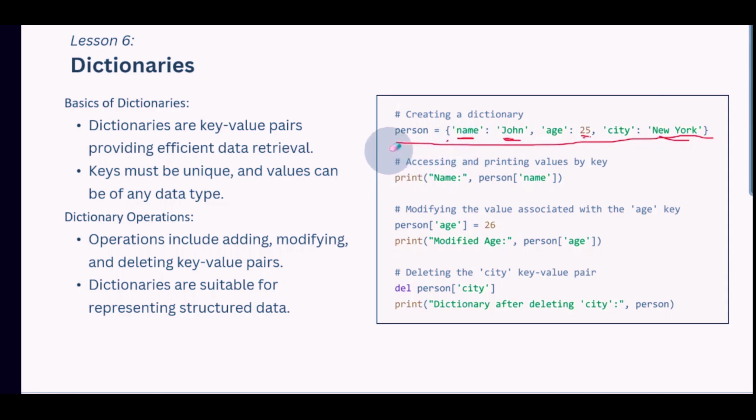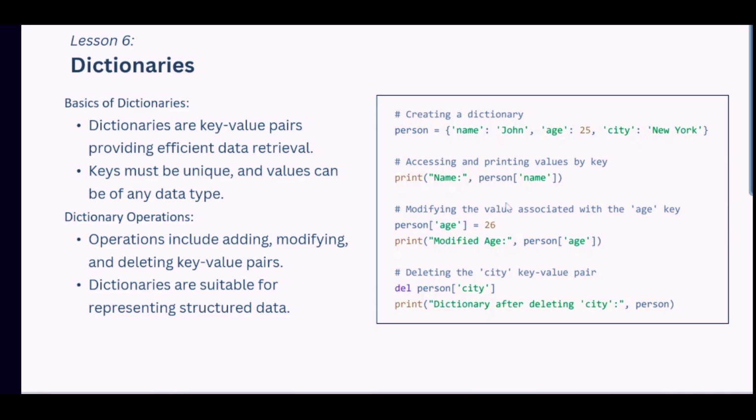Now the next question comes: how to access the key value pair? There are various ways to access it. One way is to directly write the dictionary name and then the key inside the square brackets. So it will return the value of this key. So person, square bracket, name will return John as an output.